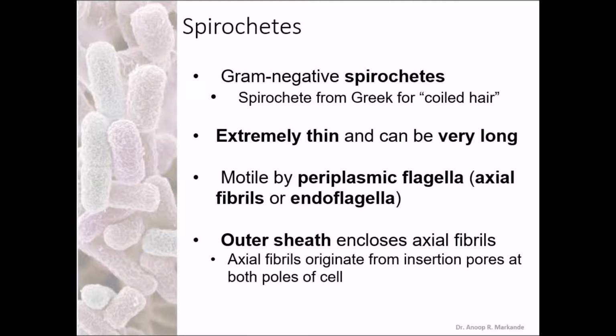Motility of spirochetes is by periplasmic flagella with axial fibrils or endoflagella. Their outer sheath encloses axial fibrils, and these axial fibrils originate from insertion pores at both poles of the cell.